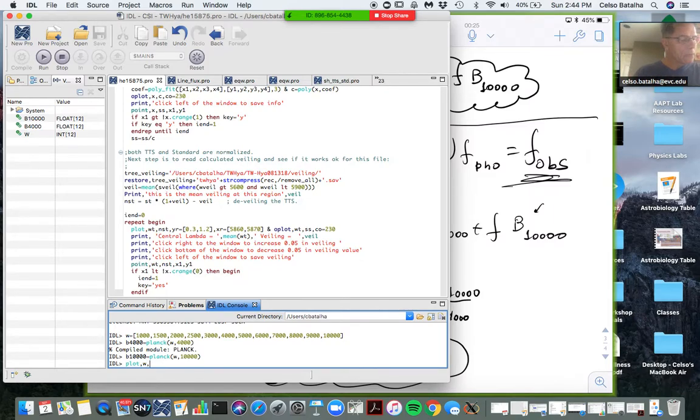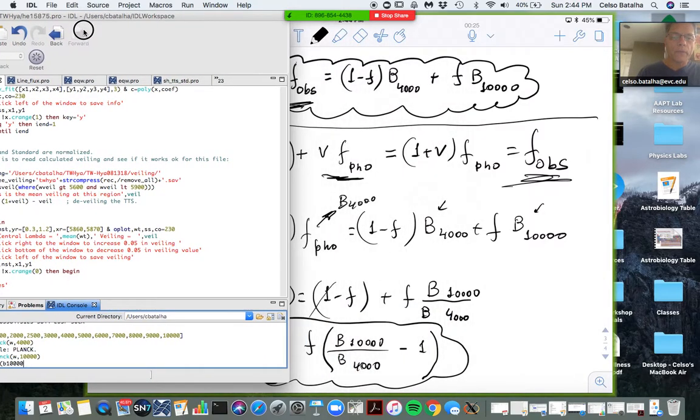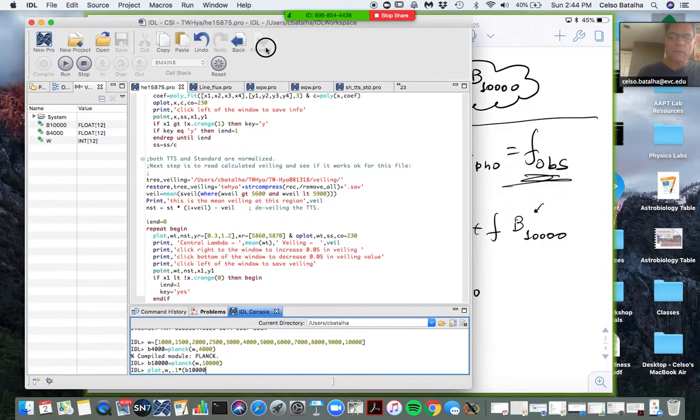The veiling depends on a filling factor, so let's assume the accretion region, the spot, is 10%, that is 0.1, times B 10,000 divided by B 4,000, minus 1. That's the equation that comes from here.